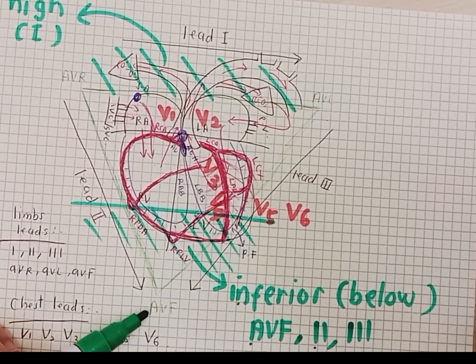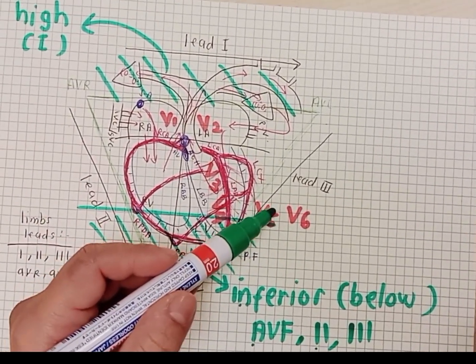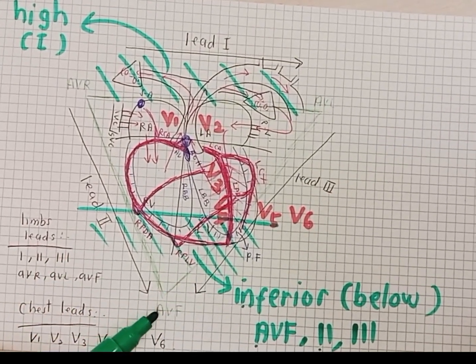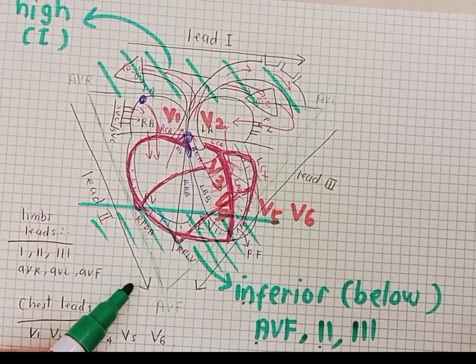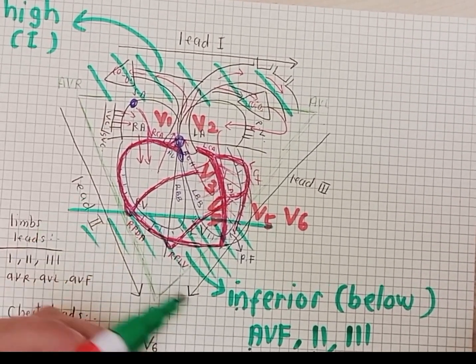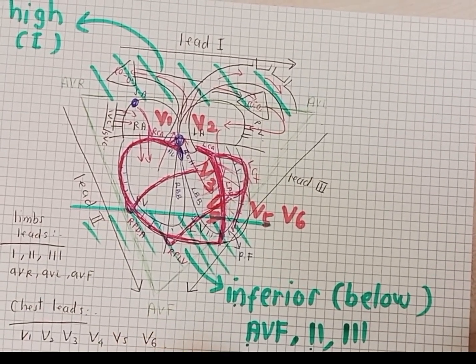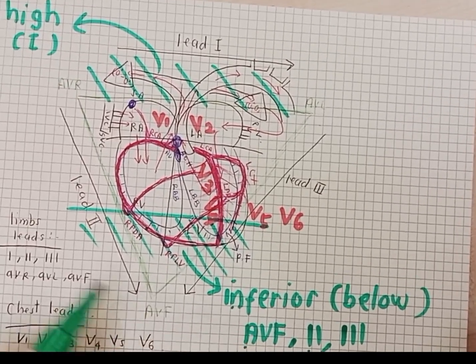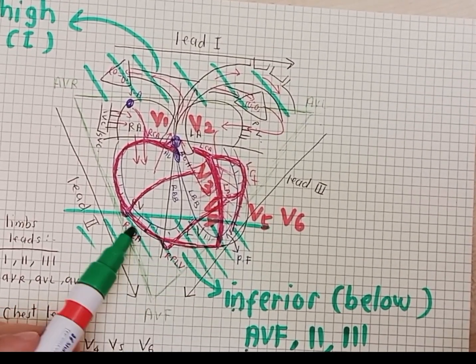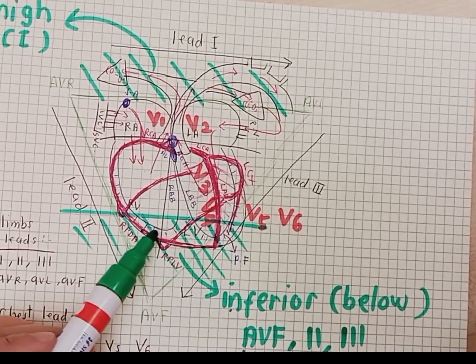Lead 2 is going down to the inferior, and lead 3 is going from upper to the lower side, to the inferior. So the inferior leads are lead 2, lead 3, and aVF. The artery that covers the inferior leads is the RCA, the right coronary artery, which supplies oxygenated blood to the inferior part of the heart.